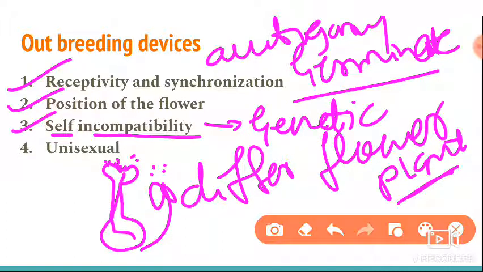Autogamy means pollination between the anther and stigma of the same flower. Geitonogamy means pollination occurs between different flowers of the same plant. This is self incompatibility.